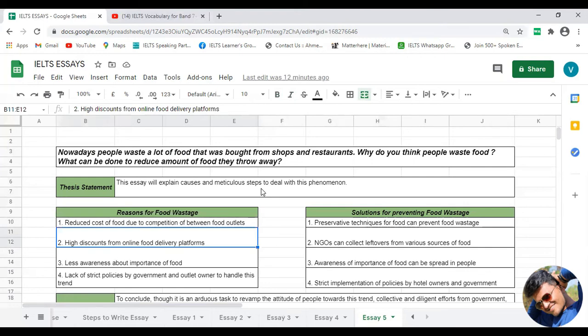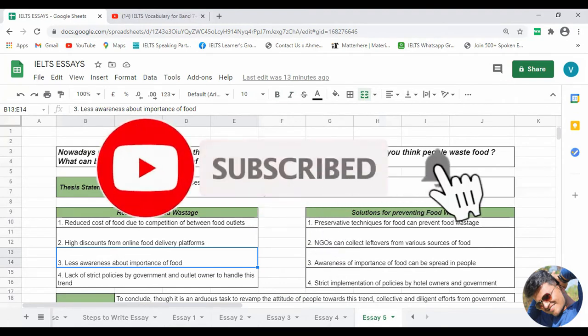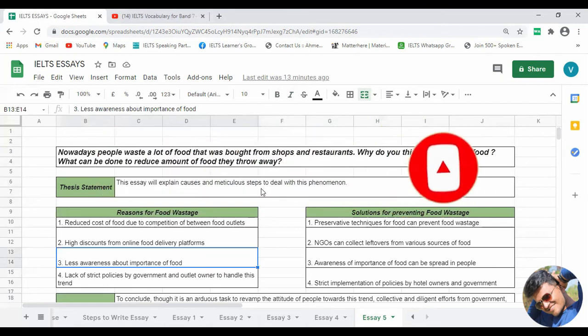So because of that, you can also include high discounts of online food platforms in your body paragraph number 1. Now the third reason would be less awareness in people about the importance of food. See, nowadays people are not aware of how important food is for a particular individual who is not able to eat it, or, for example, for poor people.